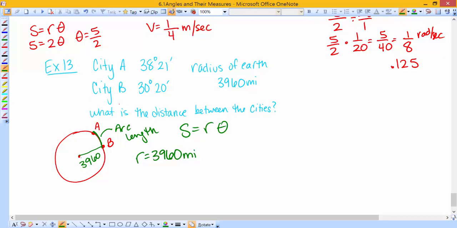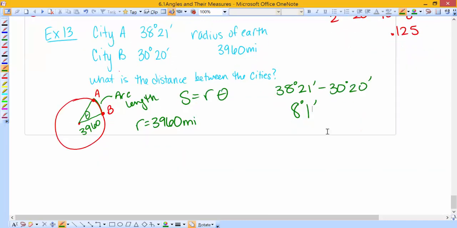What is the angle between these 2 cities? That's what we're trying to find. Well, I'm given their degrees and minutes. So I'm going to take city A, which is 38 degrees 21 minutes, and subtract city B, which is 30 degrees 20 minutes. When I subtract them, it's just the biggest minus the smallest. I get 8 degrees 1 minute.